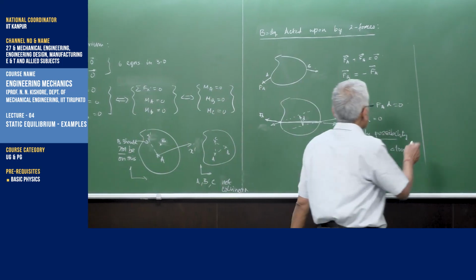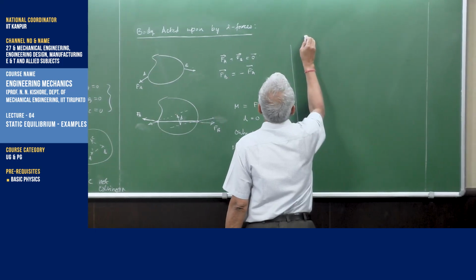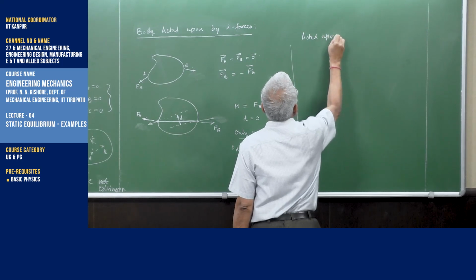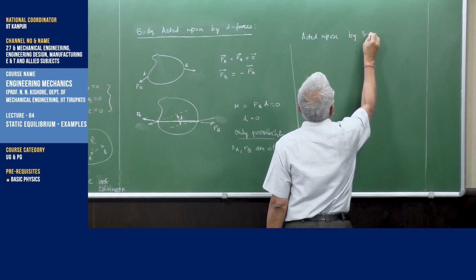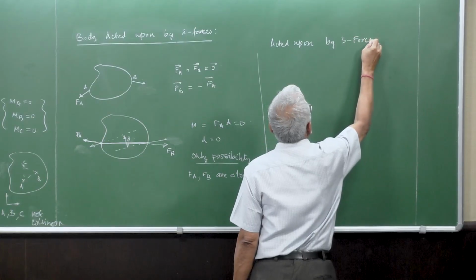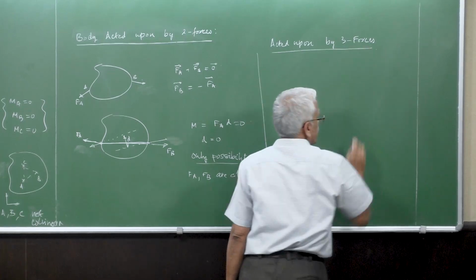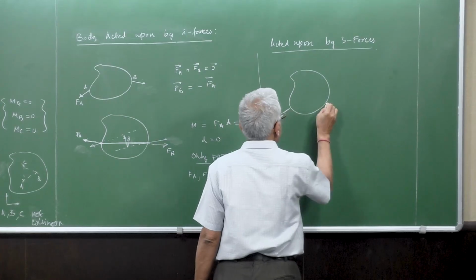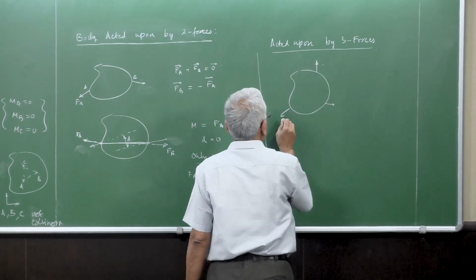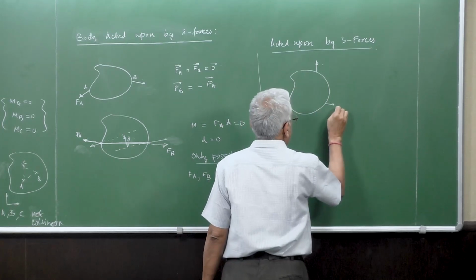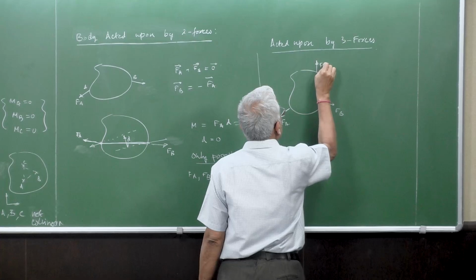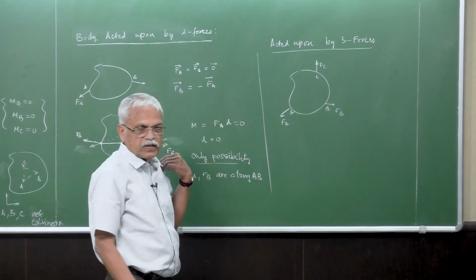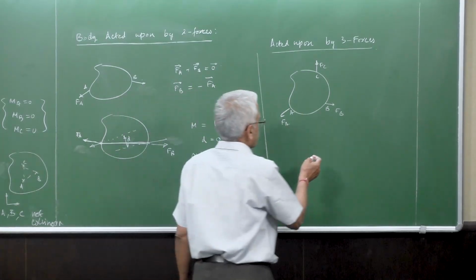Then there is another case, a body acted upon by three forces. I also mentioned this in my last class: if there are three forces at points A, B, and C, then sigma F is 0.